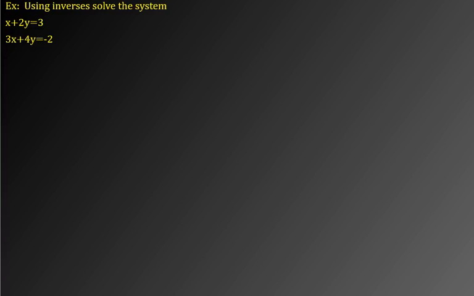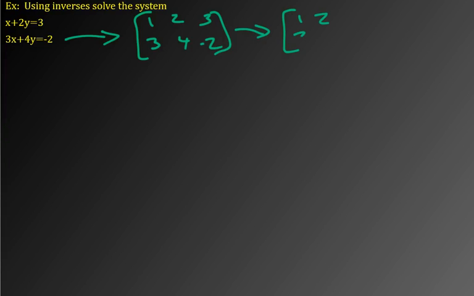And so I just thought I'd show you how we could use this in a problem. We have a matrix we could form out of this, 1, 2, 3, 4 times a variable vector equaling 3, -2.